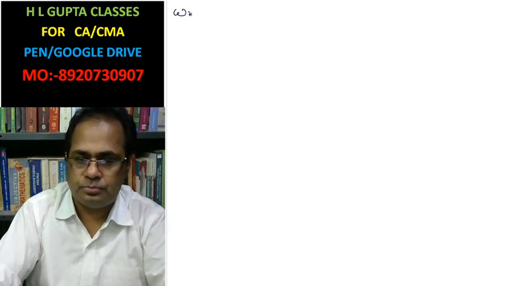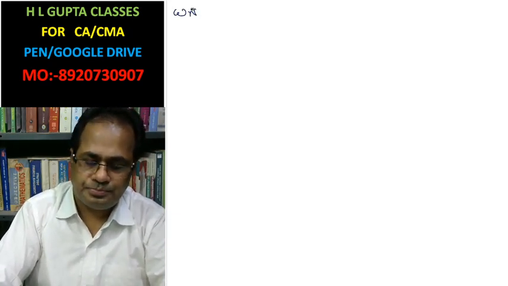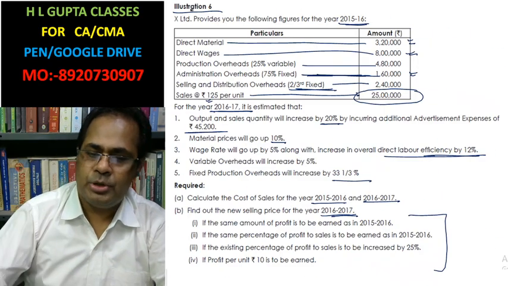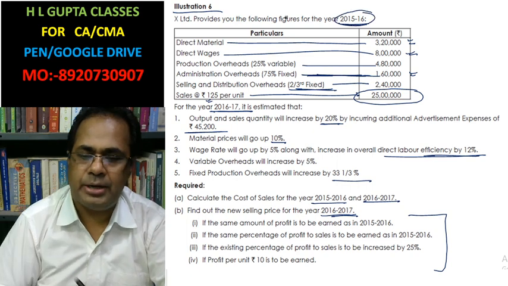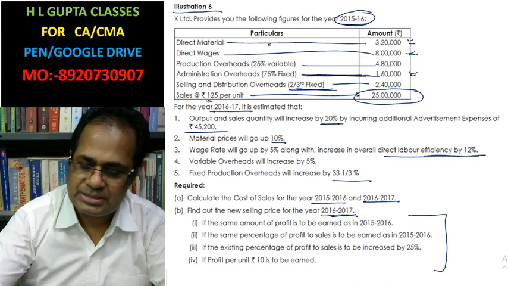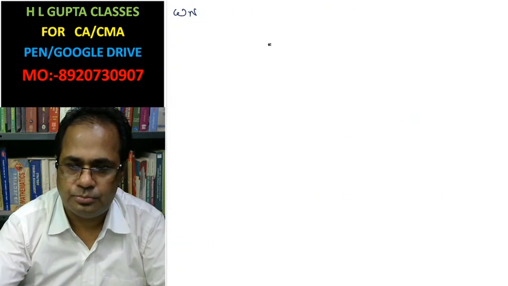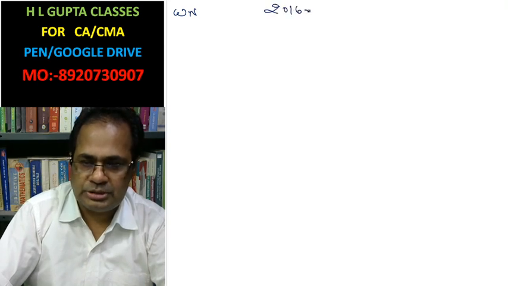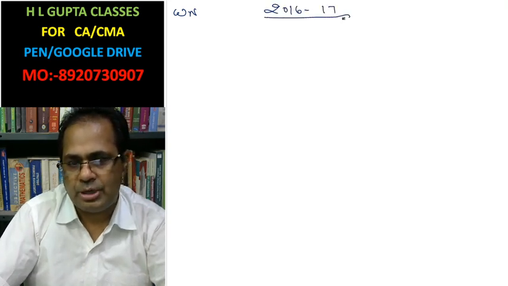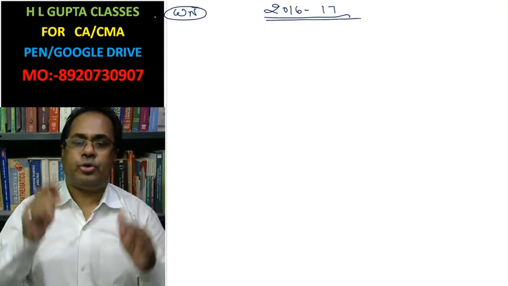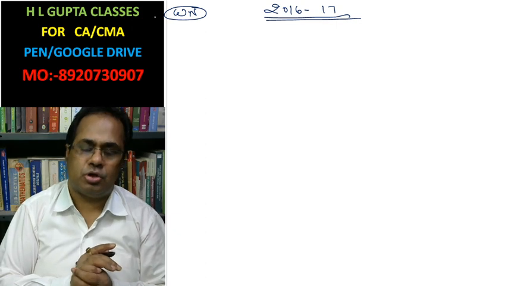Now working note. We have calculated all the data for 2015-16. Now the same we are going to calculate for 2016-17. In this working note, I am going to calculate direct material cost per unit.